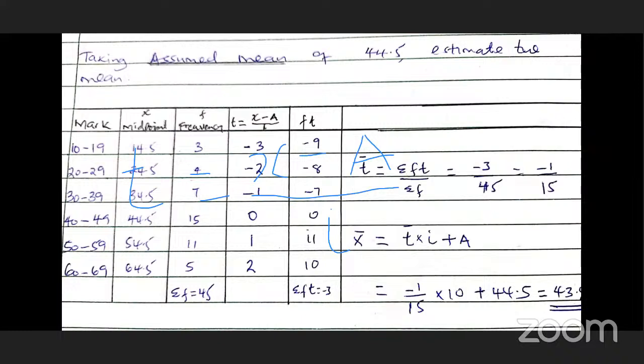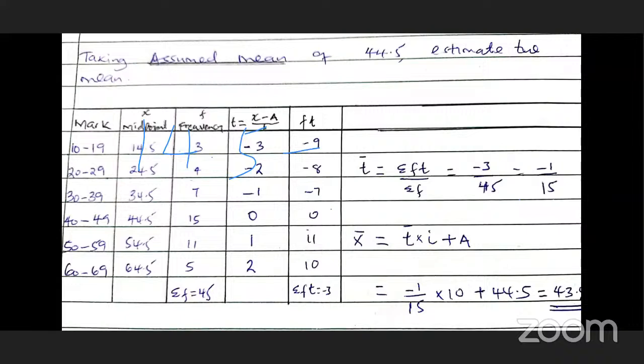Maybe we will appreciate it if we use an example, or rather we work it out. So let's look at row 1. In our row 1, the class where we had 10 to 19, our midpoint, that is X, was 14.5. Our frequency was 3. So we'll get our T by saying 14.5, which is X. We minus the assumed mean.